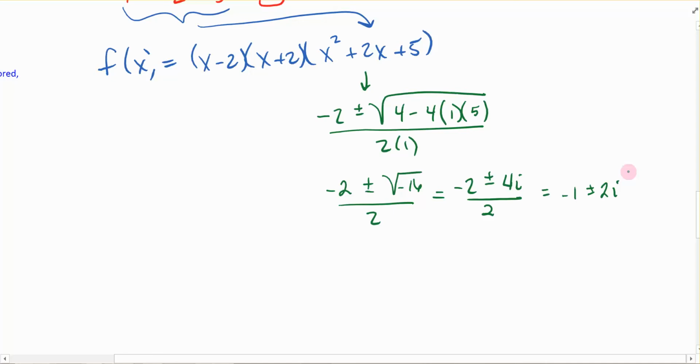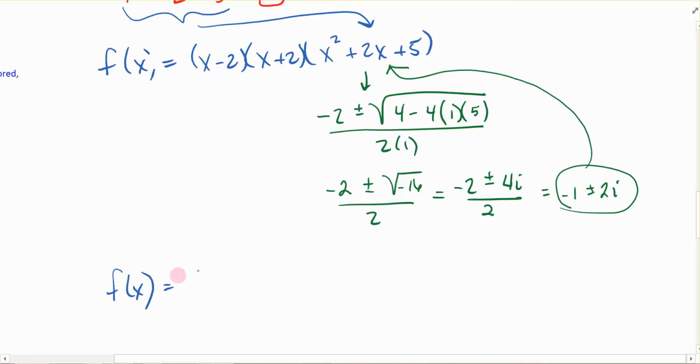So now what do I have? In other words, I'm going to replace my trinomial with this, but I have to write it in its factored form. Now what does that look like? I'm going to show you what it looks like the long way, and you may not want to do this again, but then you can skip this step next time.